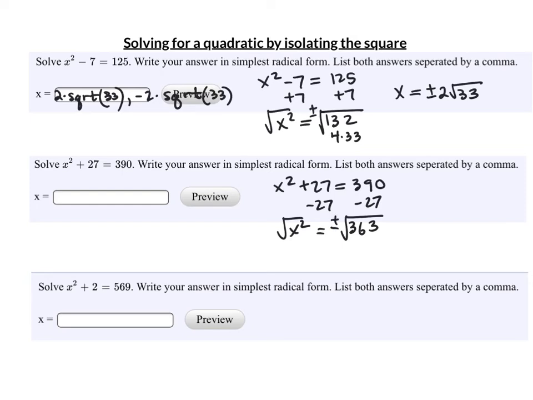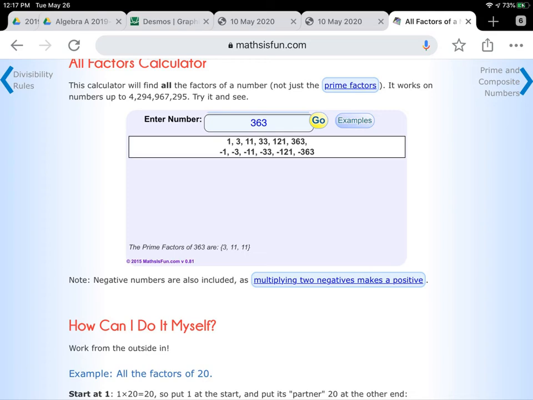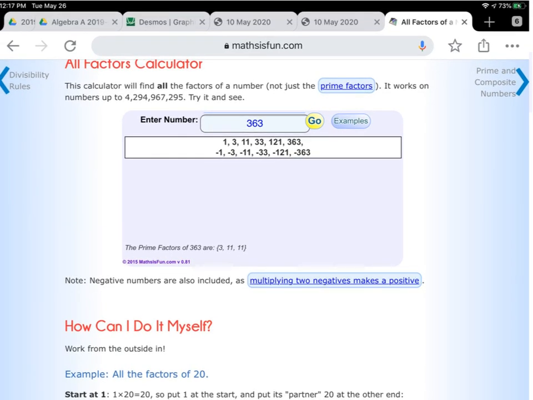And we'll go to mathisfun.com and see what the factors of 363 are and look for some perfect squares. The factors of 363 are 1, 3, 11, 33, 121, and 363. 121, I almost missed it, is a perfect square. That's not an obvious one. It's 11 times 11. So 363 divided by 121 is 3.